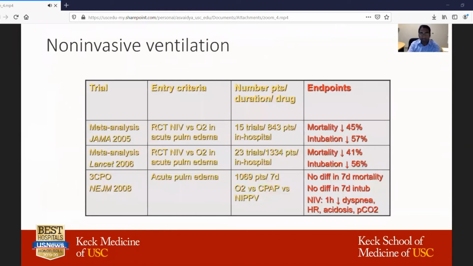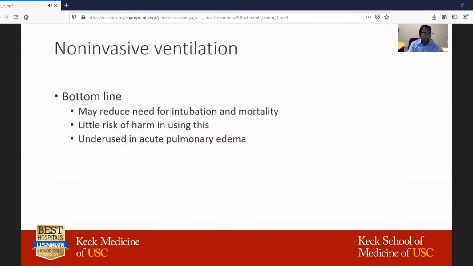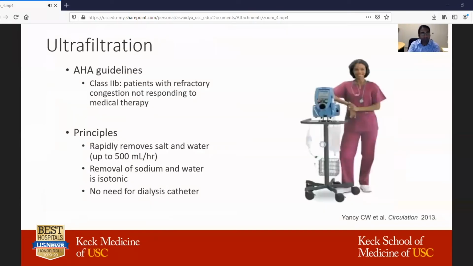There are several trials that show it reduces mortality and intubation rates, but no difference in mortality in some smaller studies. So you may reduce the need for intubation and mortality, with a low risk of harm in using this, and it's probably underused overall in acute pulmonary edema.